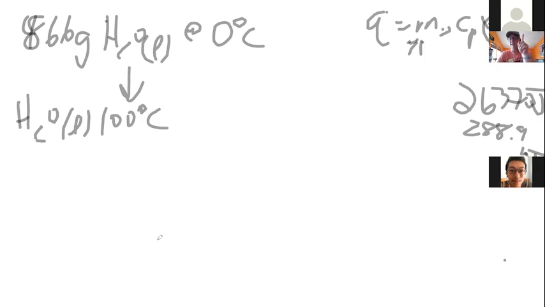Am I increasing the temperature? Yes. So the phase isn't changing and I'm increasing the temperature. That means heat capacity. And which heat capacity am I dealing with? Am I dealing with ice, liquid water, or steam?